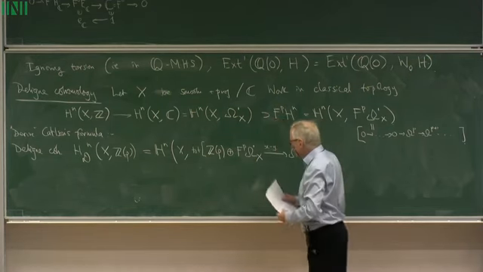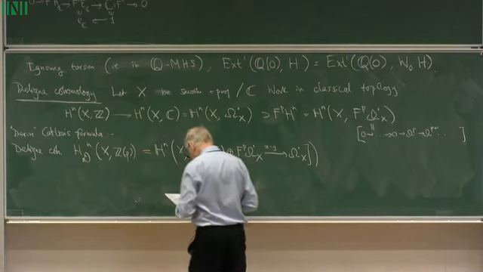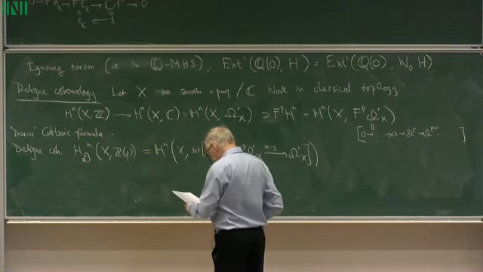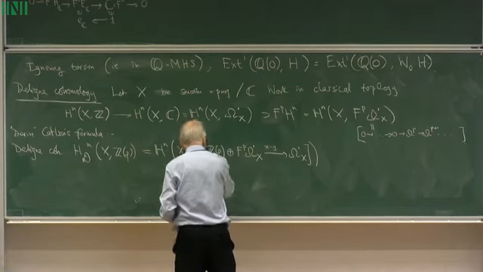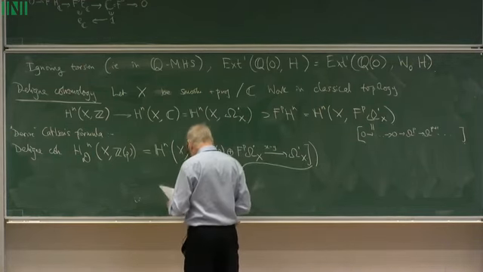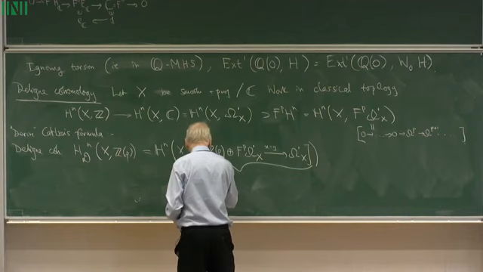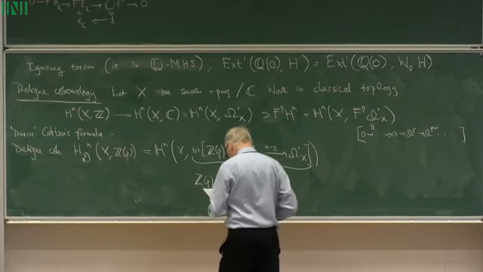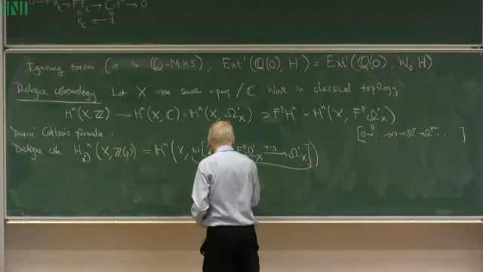So what is this total complex? Let's just write it down. There are issues of sign, which we will ignore, but of course one does have to get them right.